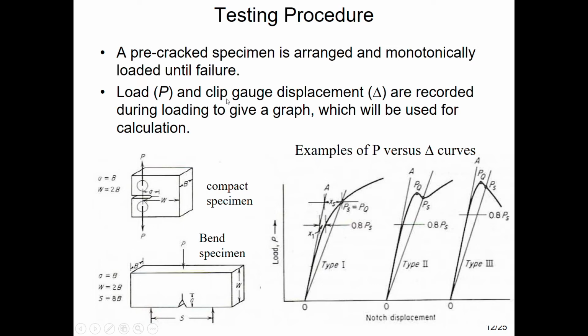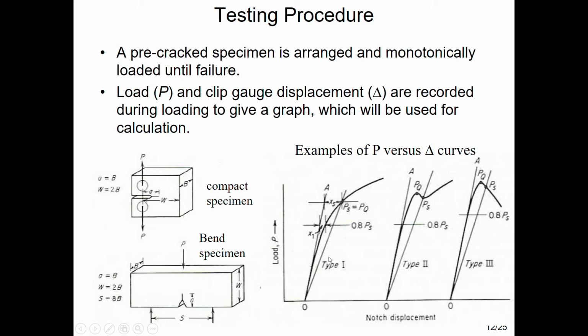Okay, load P and clip gauge displacement delta are recorded during loading to give a graph, which will be used for the calculation. So this is an example of a P versus delta curve. You can see notch displacement is here, and then the load also will be plotted. So how could I know the type for each mode? It actually depends on the trend of the graph. For example, I have this type of graph.